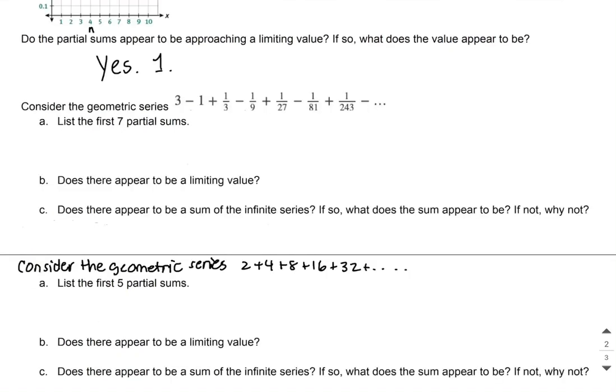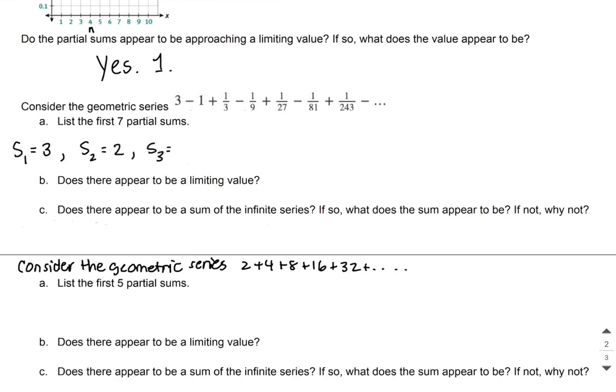Now we're going to consider the geometric series 3 minus 1 plus 1/3 minus 1/9, etc. I want to list the first 7 partial sums. I'm just going to give them to you for time purposes. The first sum, just the first number by itself, is 3. The second partial sum is 3 minus 1, which is 2.